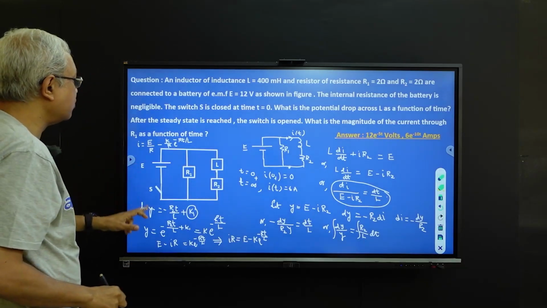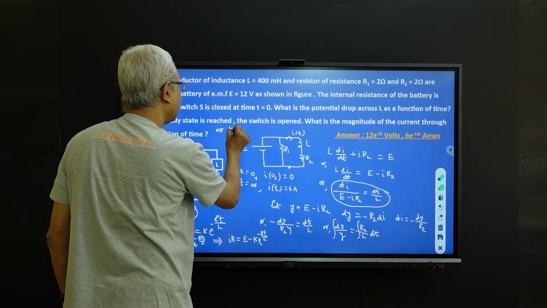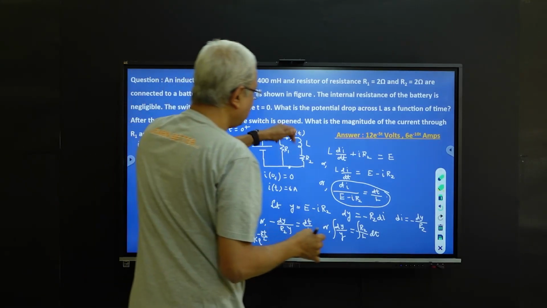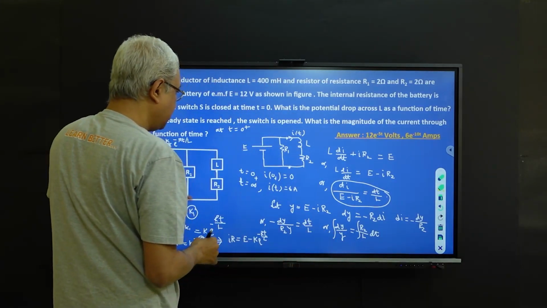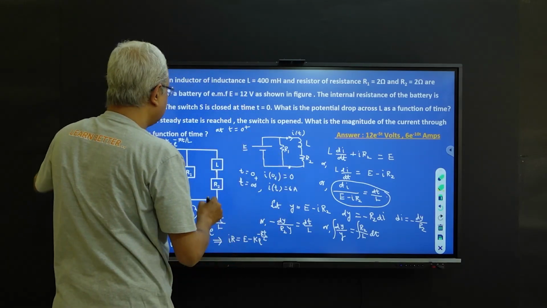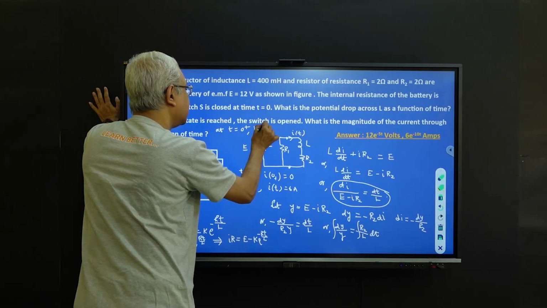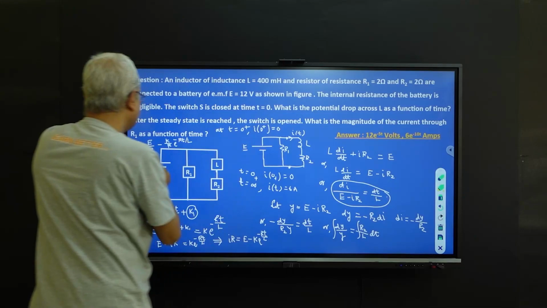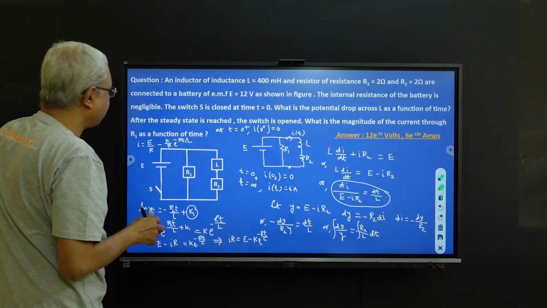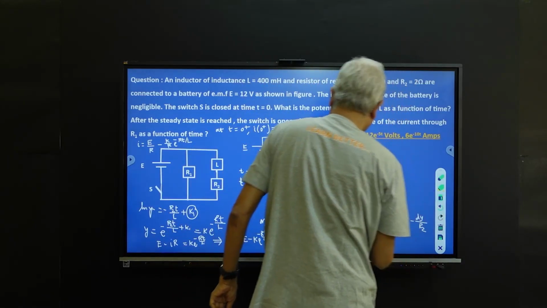Alright, now at t equal to 0 plus, the current through this branch is 0 because I have already noted this. So I at 0 plus is 0.